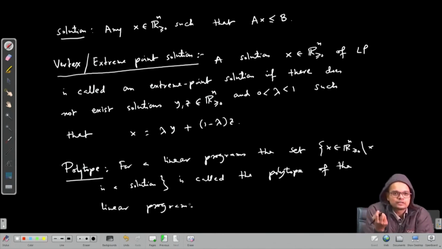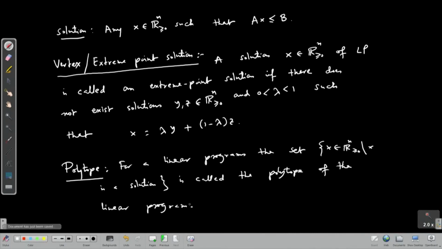So in the next class, we will see some interesting properties of the polytope of the vertex cover LP, and using that we will design a two-factor approximation algorithm for vertex cover. Okay, thank you.